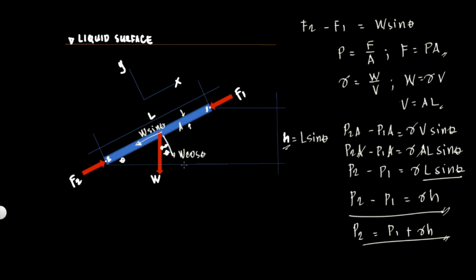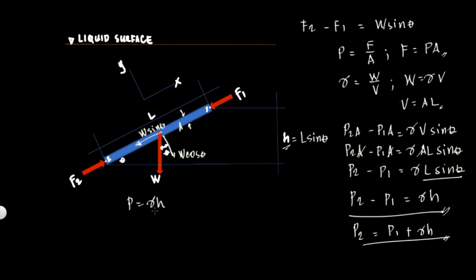When point 1 is at the liquid surface, the gauge pressure P1 will be 0. So what happens is that P is equal to gamma h. This means that the pressure at any point, say h, below the free liquid surface is equal to the unit weight times the height, gamma times h.